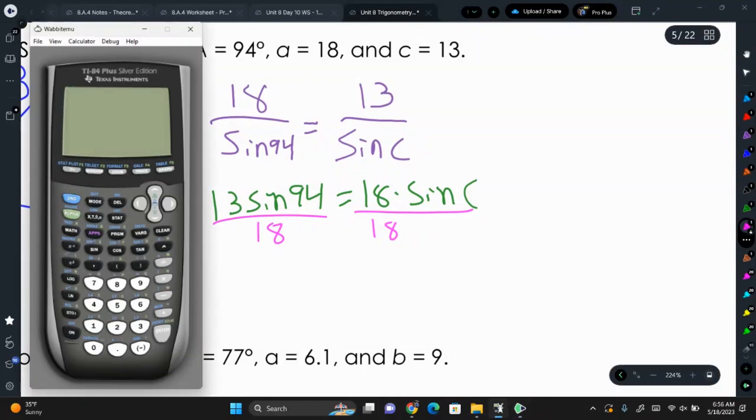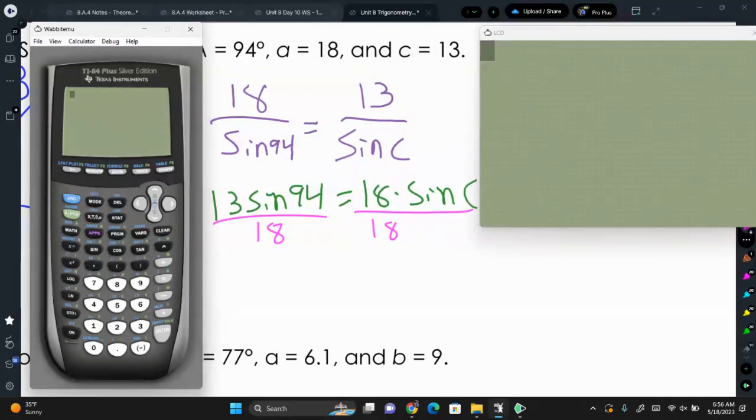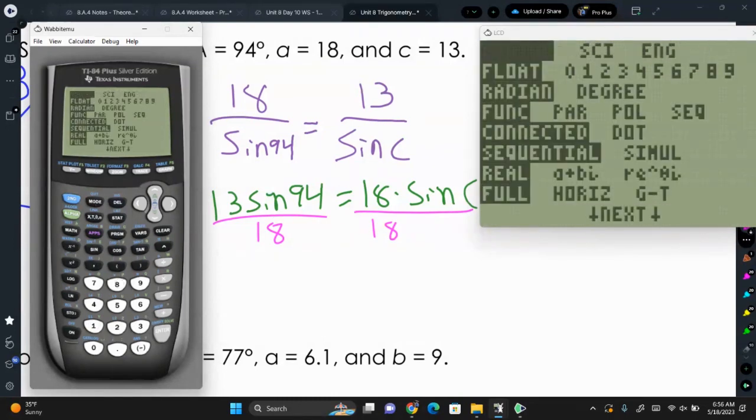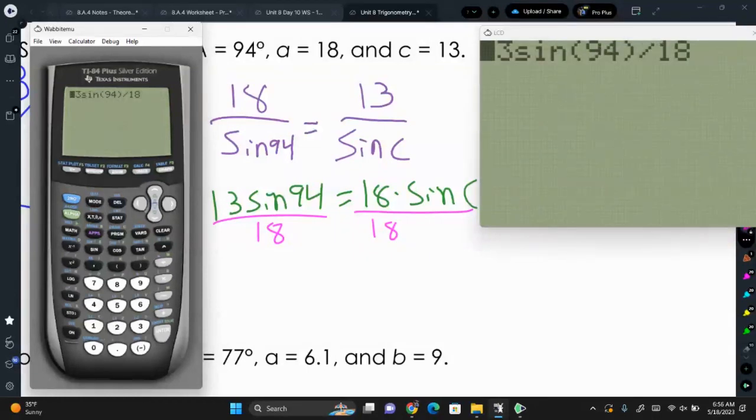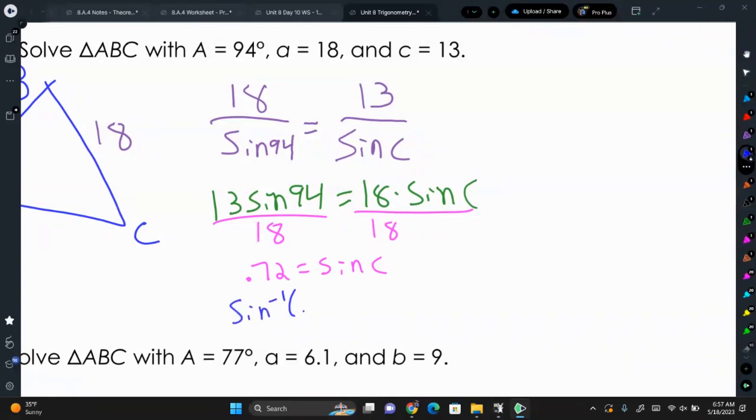In my calculator, and again, we want to make sure we're in degrees, 13 times the sine of 94, close parentheses, divided by 18. Change my mode to degrees, and we get 0.72. So 0.72 equals sine of C. Then we have to do the inverse sine of 0.72.